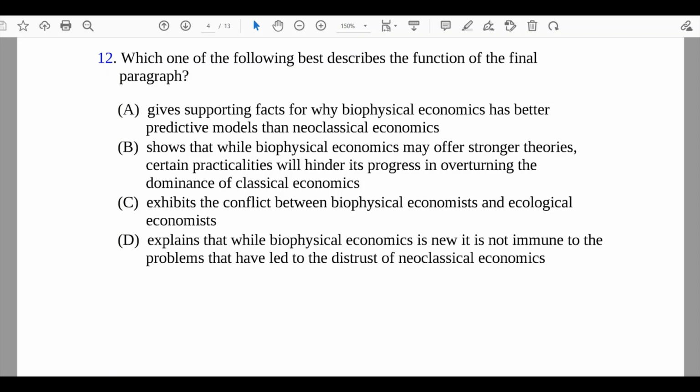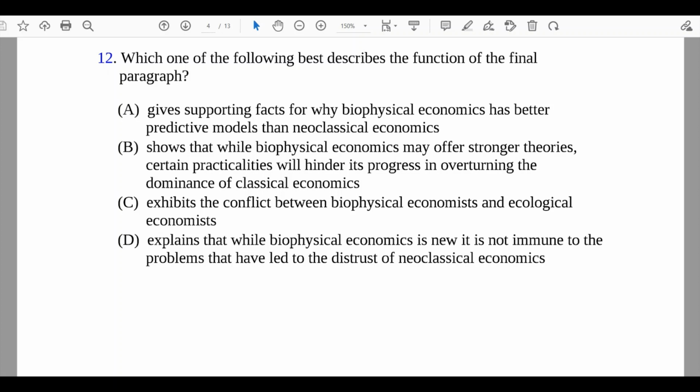Answer C fits the second sentence, which indicates a small dissonance between the ecologists and the rest of the biophysical economic supporters. But to say that the entire paragraph functions to show the conflict between them is extreme and inaccurate. Answer D matches your understanding of how the last paragraph functions.